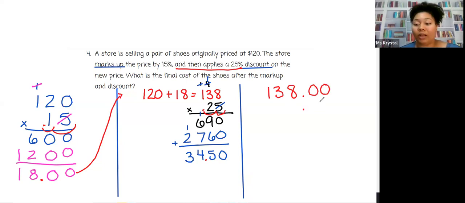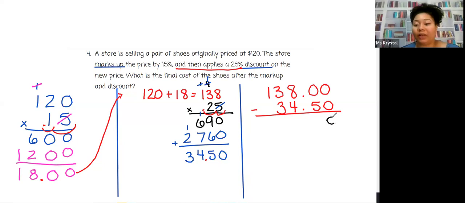Put my next decimal there. Put your decimals down first if that helps. So I know that the 50 goes there, the 4 has to go here, and the 3 has to go here. Put your decimals in alignment. Now let's subtract because remember, this is a discount. We're taking away. So here we go. 0 minus 0, 0.